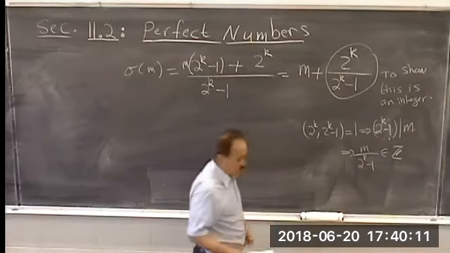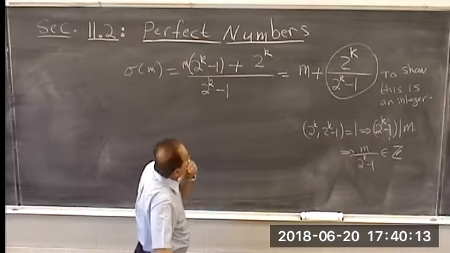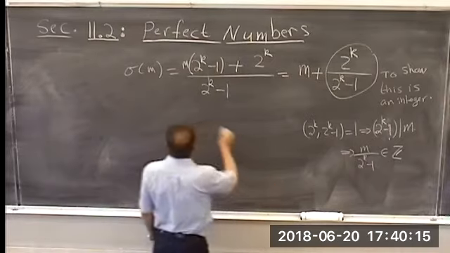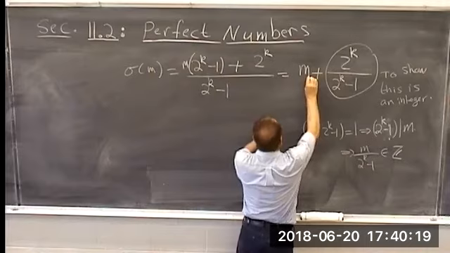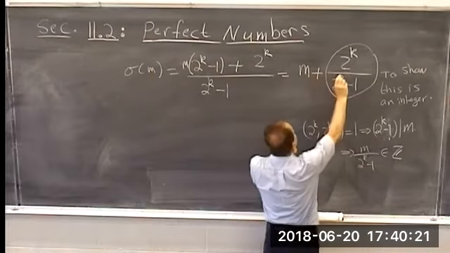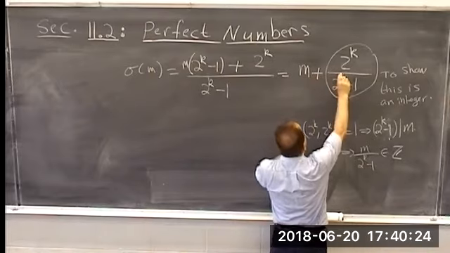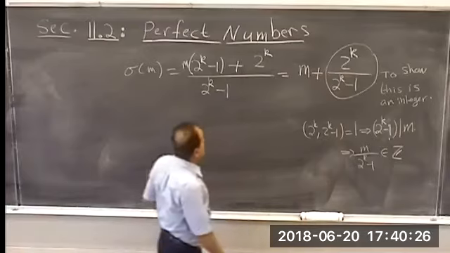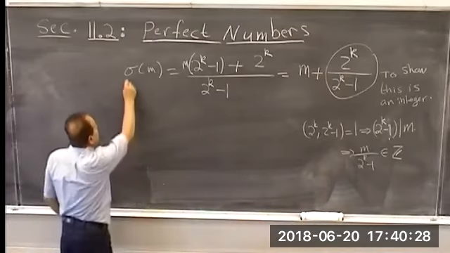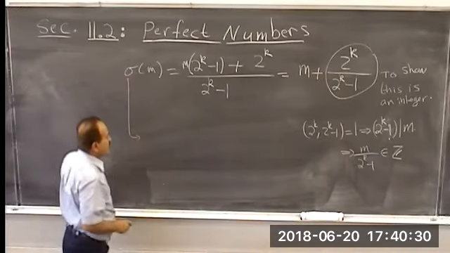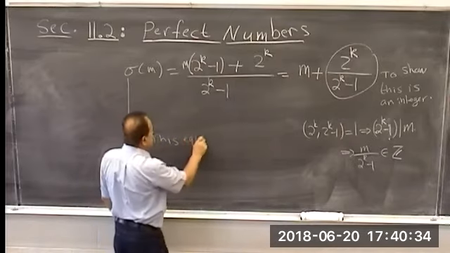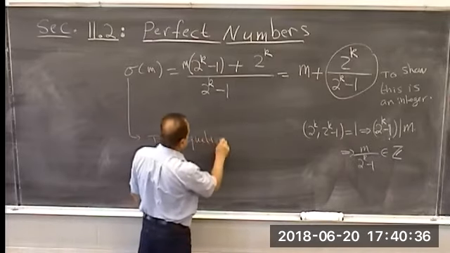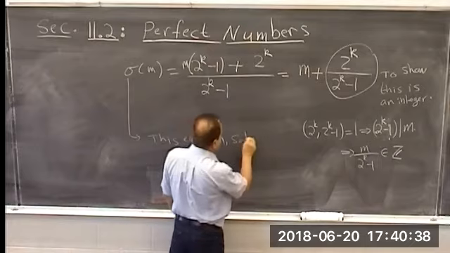Now, with this in here, we have sigma of m is equal to m plus another integer. So what does this equation state?